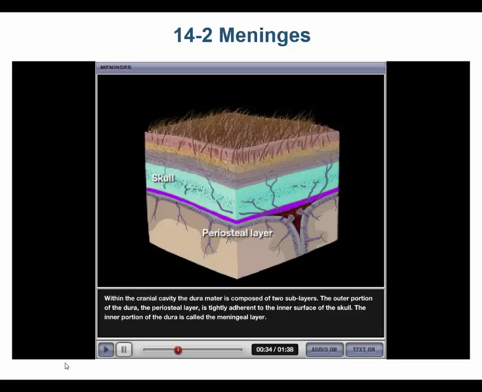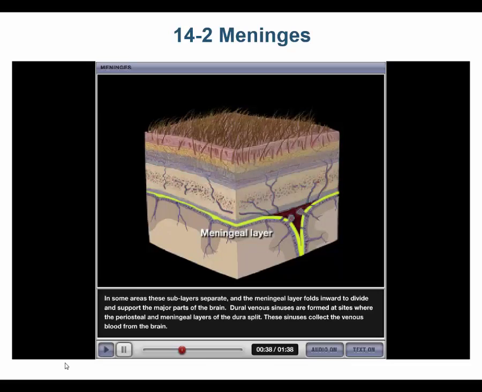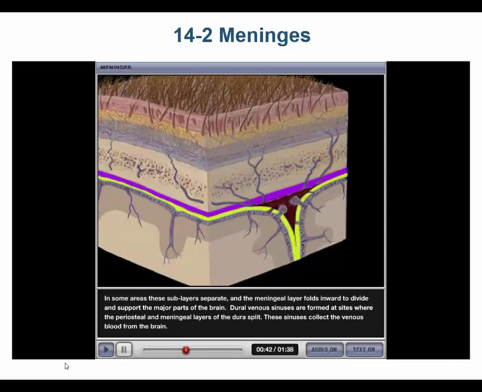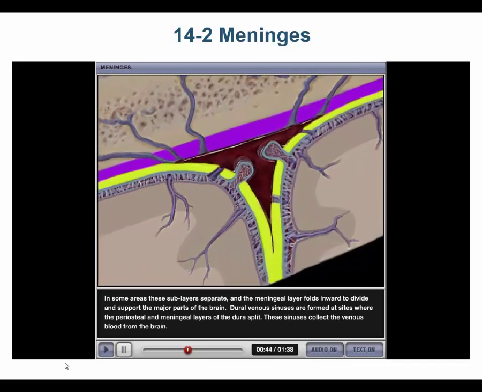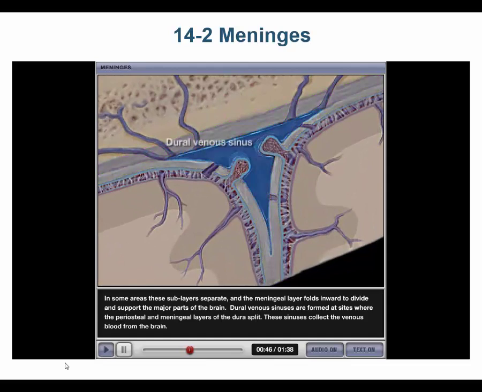The inner portion of the dura is called the meningeal layer. In some areas, these sublayers separate, and the meningeal layer folds inward to divide and support the major parts of the brain. Dural venous sinuses are formed at sites where the periosteal and meningeal layers of the dura split. These sinuses collect the venous blood from the brain.